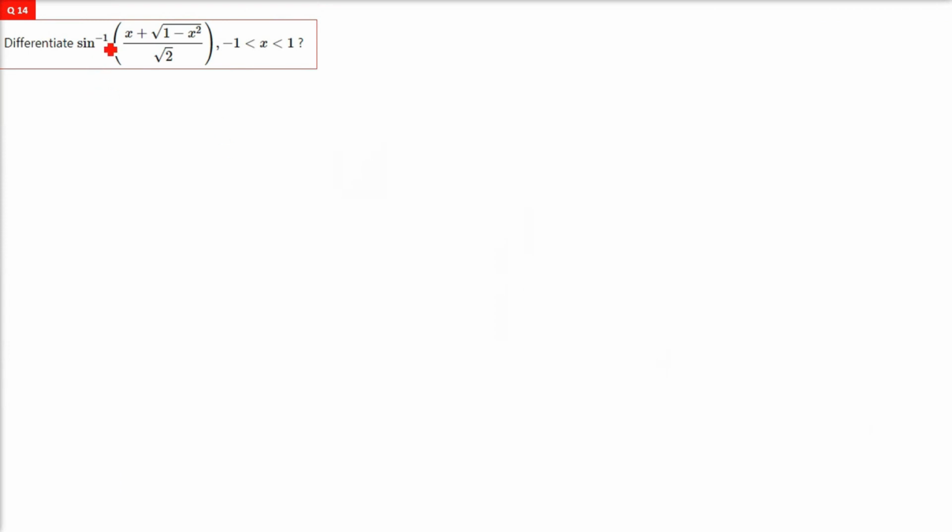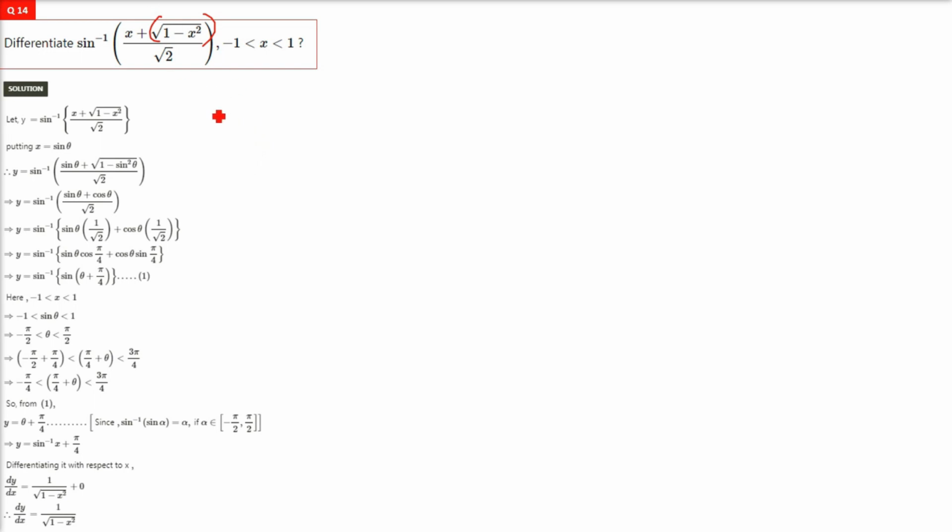Differentiate sin inverse. This question and the next question are almost similar. So what you will understand here about how to solve this will be valid for the next question. You have to go through under root 1 minus x square, so it is 1 square minus x square, equated with a square minus x square.